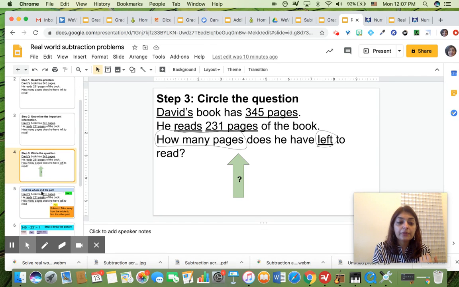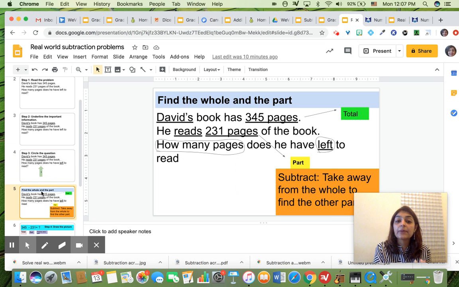Now, before we move on to step 4, which says draw the picture, one of the most important things is that you need to find out what you mean by whole and what you mean by part. So let's review once again. We all know subtraction means taking away from the whole to find the other part. So when we say David's book has 345 pages, that means the total number of pages is 345.